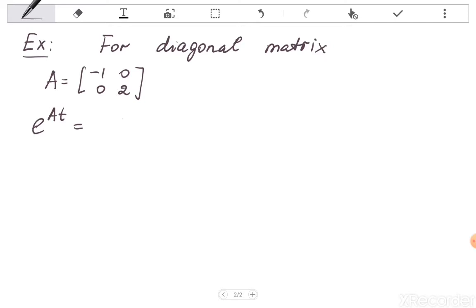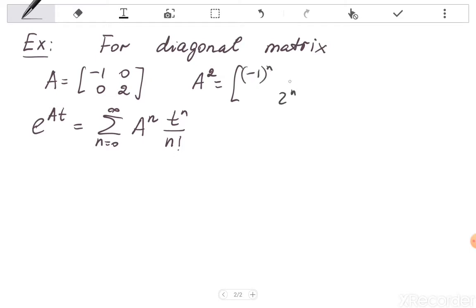Let me write it as a series, from n equals 0 to infinity, A to the power n, t to the n over n factorial. And we know that, for example, the square of a diagonal matrix is just the square of the entries on the main diagonal. And the nth power is obtained by taking the nth power of the entries on the main diagonal.